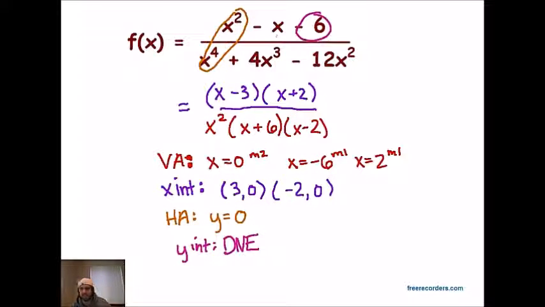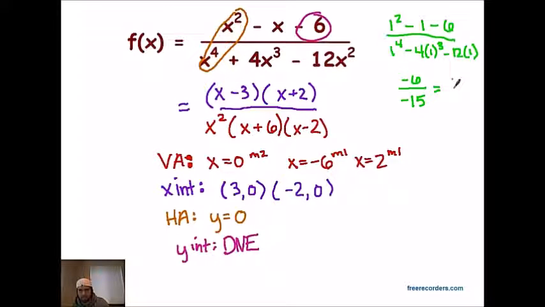So if x is 1, we're going to end up with 1 squared minus 1 minus 6 over 1 to the 4th plus 4 times 1 cubed minus 12 times 1. And so we're going to end up with 1 minus 7, which gives us negative 6, over 1 plus 4 is 5, minus 12 more is negative 7.